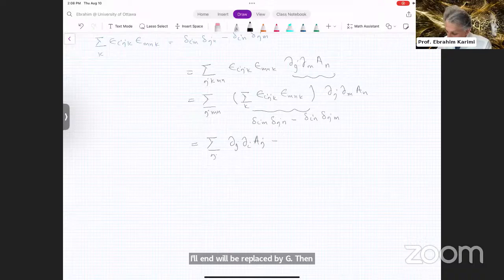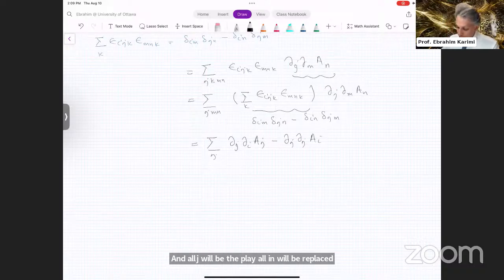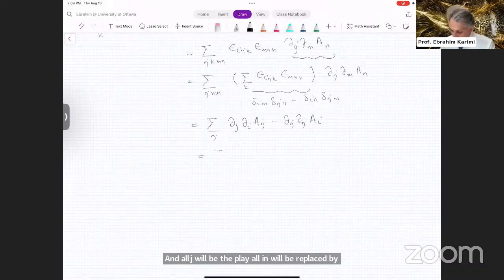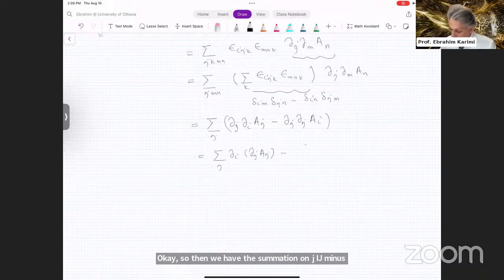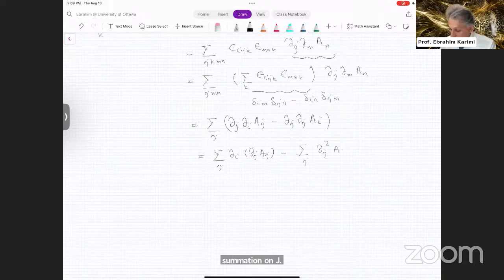Then in the second term all n will be replaced by i, and all m will be replaced by j. Okay, so then we have the summation on j, derivative of i, derivative of j, a j, minus the summation on j, the second derivative of j, a i.